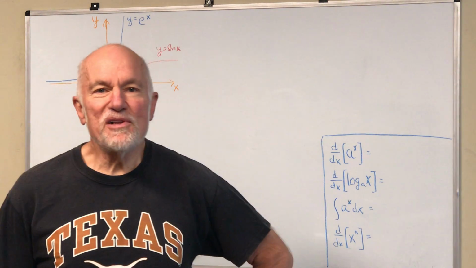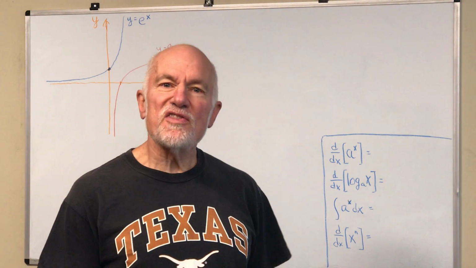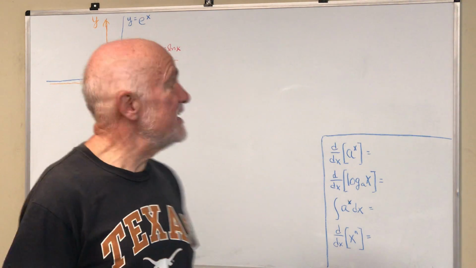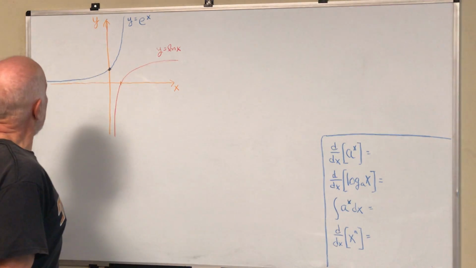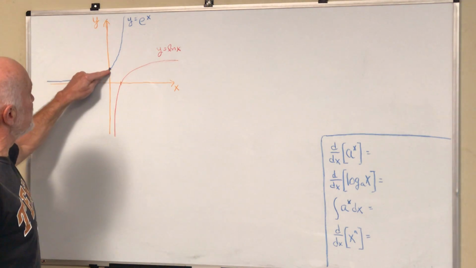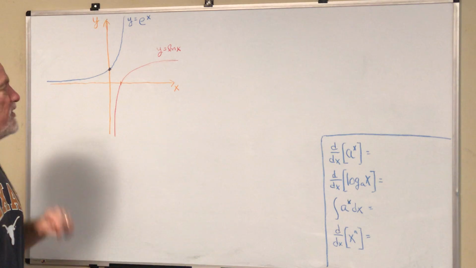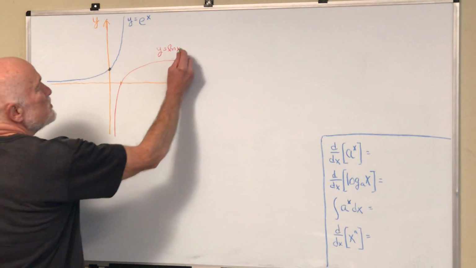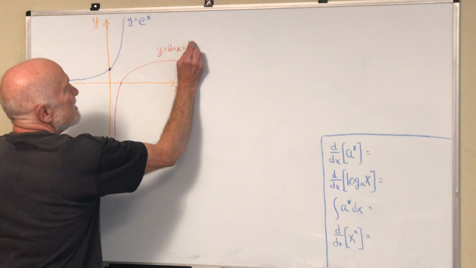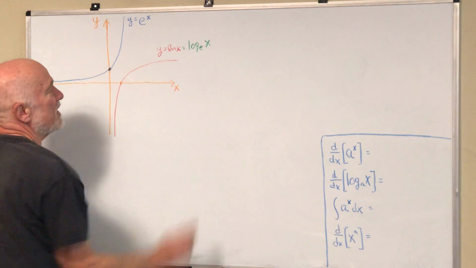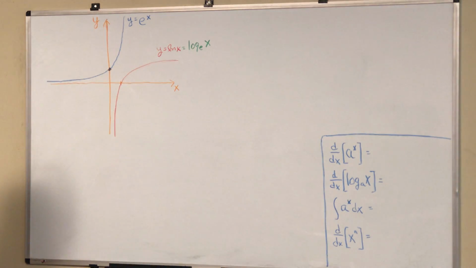So in the last couple of talks, we've discussed the exponential function e to the x, which looks like most exponential functions, and the logarithmic function, the natural log of x, which we said is log base e of x.